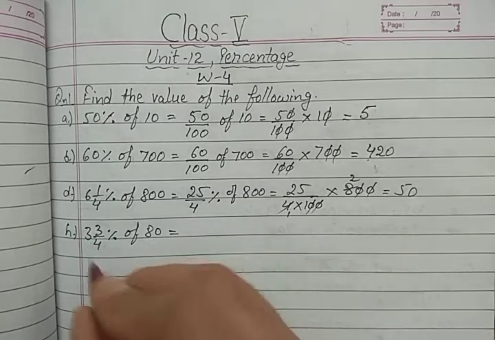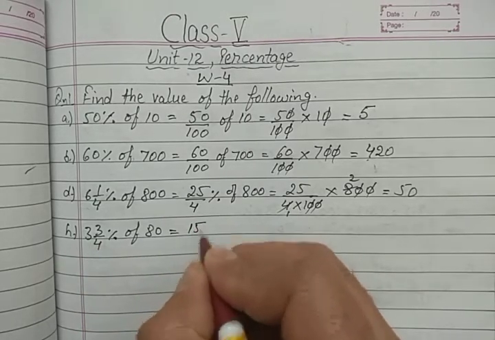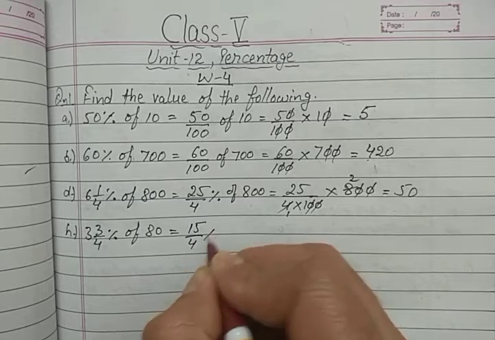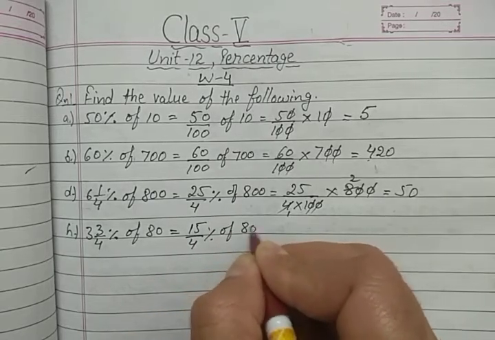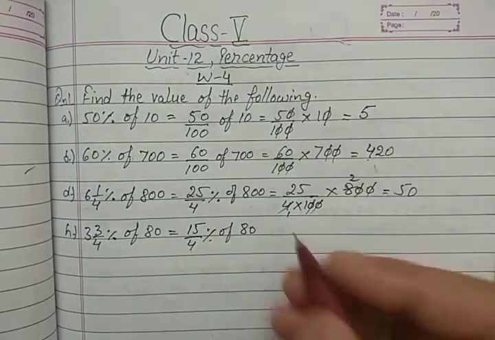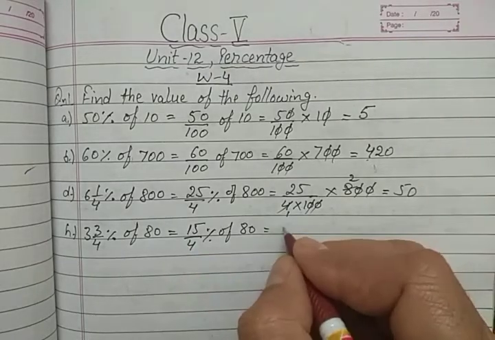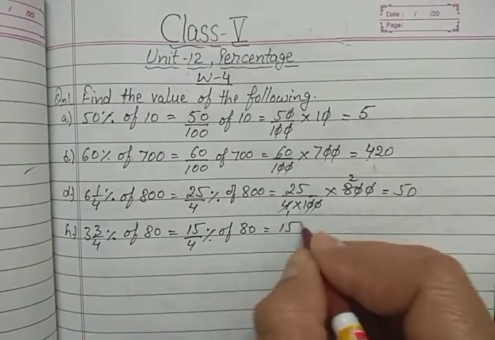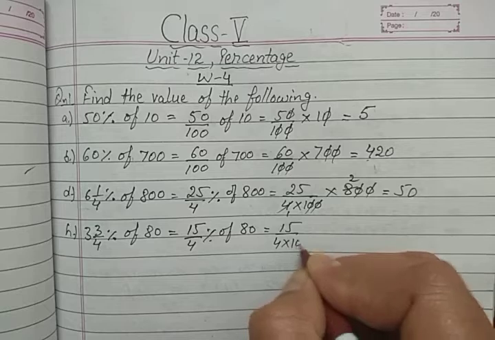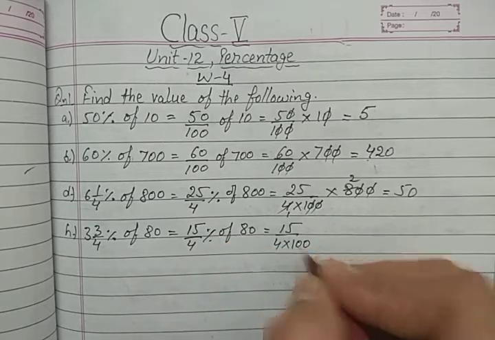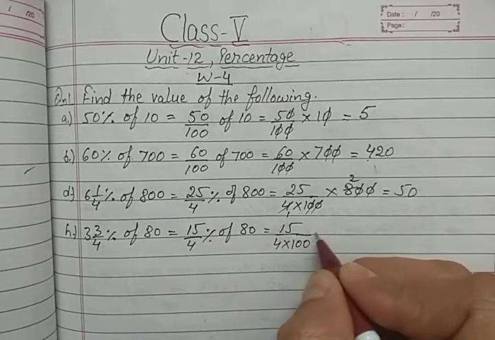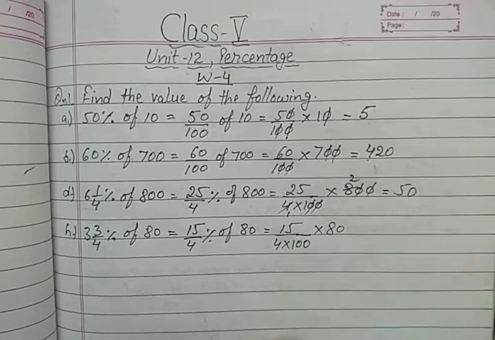So 4 3s are 12 plus 3, 15 upon 4% of 80, right? And 15, now remove the percentage sign. 15 upon 4 multiplied by 100. जो percentage sign हमने remove किया उसका 100 of multiply by 80.